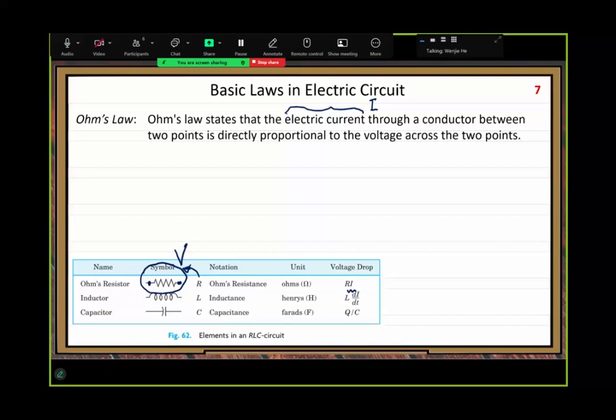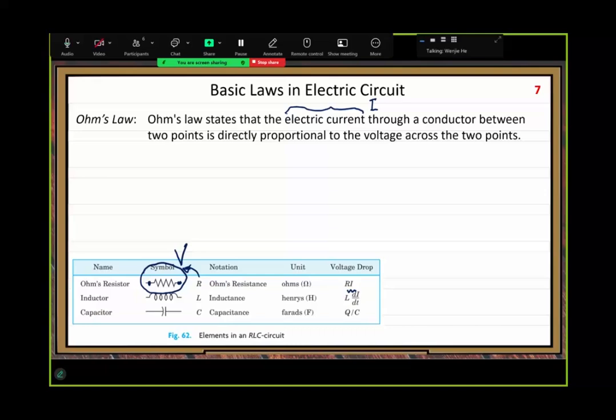These 2 points each have an electric potential, and there is a difference between these 2 electric potentials. That voltage is the difference of those 2 electric potentials, or voltage drop.